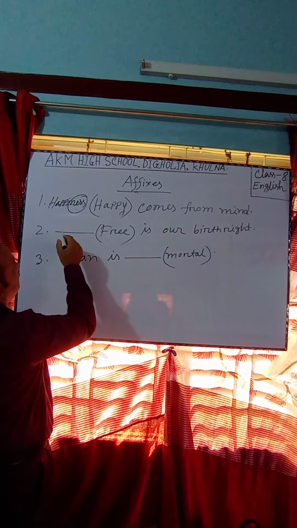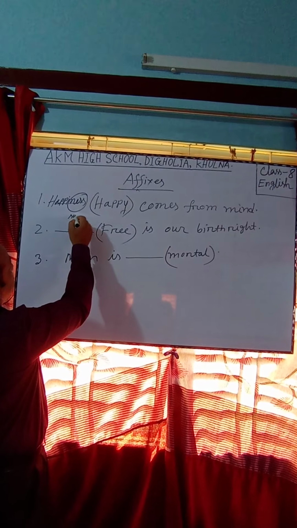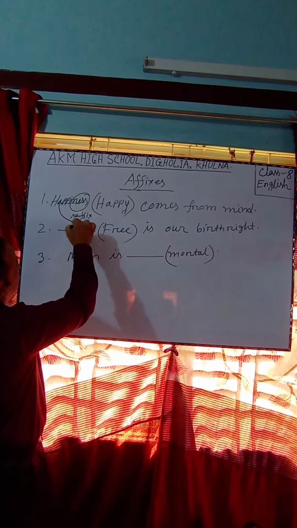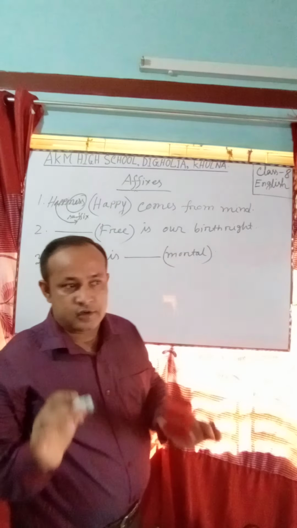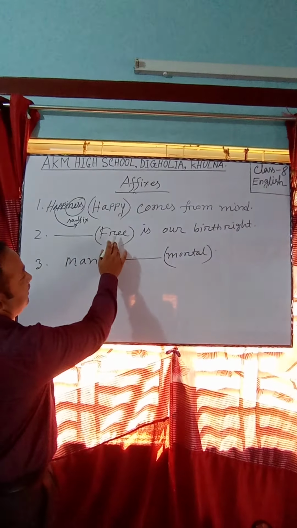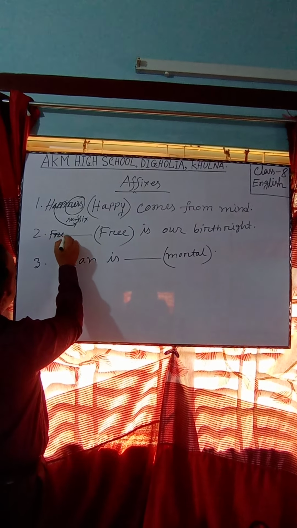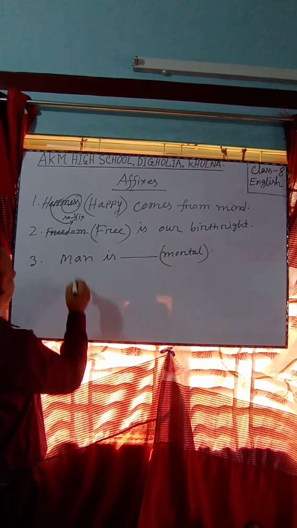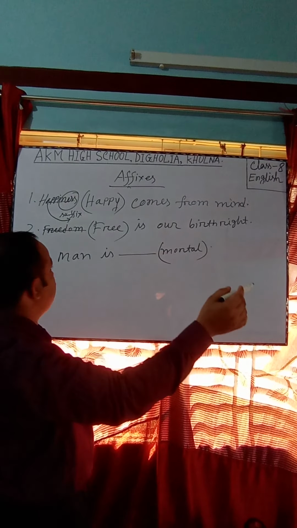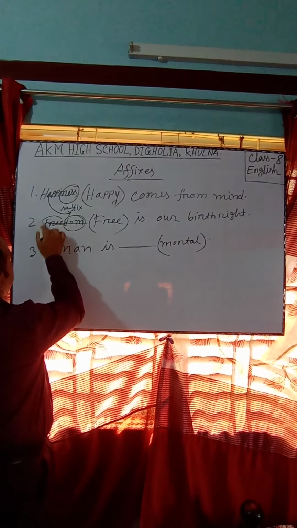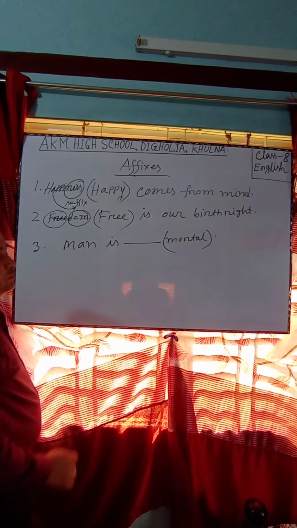Ness, that means suffix, after the root word. Free is our birthright. Freedom is our birthright. Dom is the suffix and free the root word.